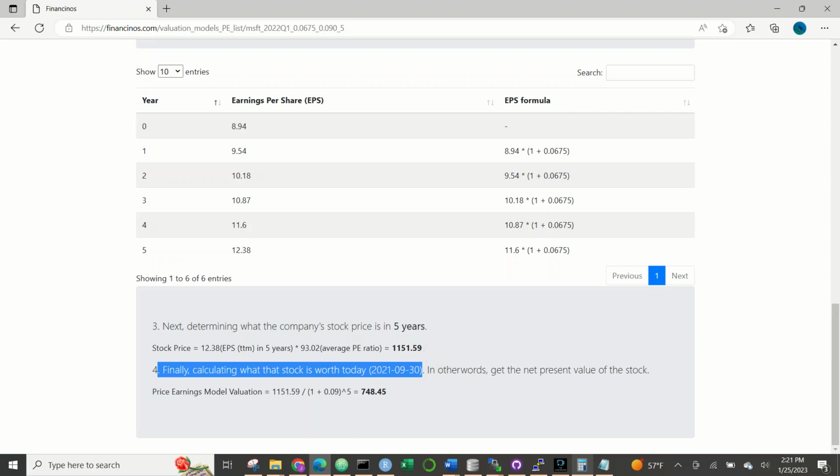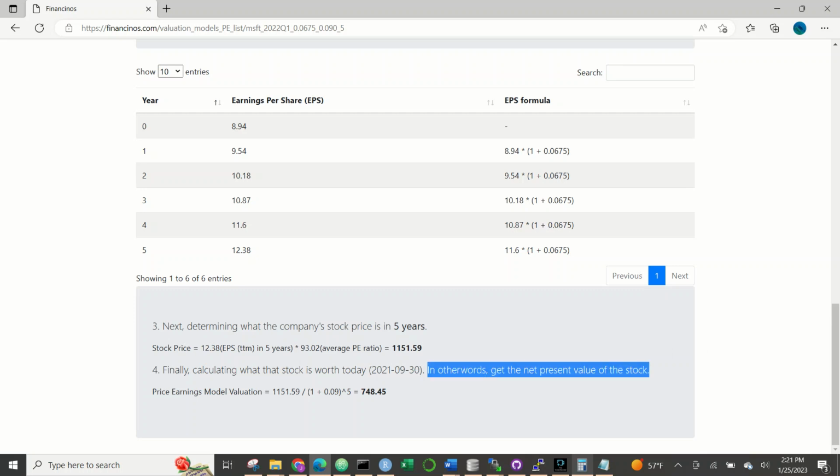And then to finally calculate what the stock is worth today, in other words, when the data was released, September 30, 2021, we had to get the net present value of the stock. So we take the $1,151.59, what the stock price was worth in 5 years, and then we discount it to today. You can see that exponent there to the 5th power; that just represents 5 years.